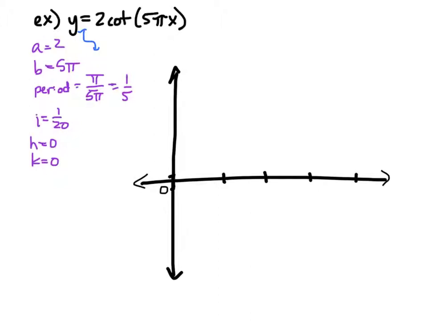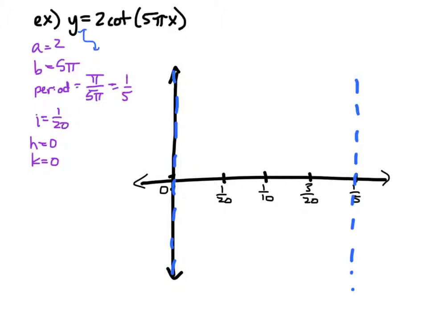The increments were 1/20, so that's 1/20. 2/20 is 1/10. 3/20, and 4/20 gets me to that period of 1/5. So whereas with tangent we would have had to go 2 to the right, 2 to the left, for cotangent we just start at h and go 4 to the right. And then the asymptotes are going to be at the beginning and ending of the period. So here at 0 and at 1/5.